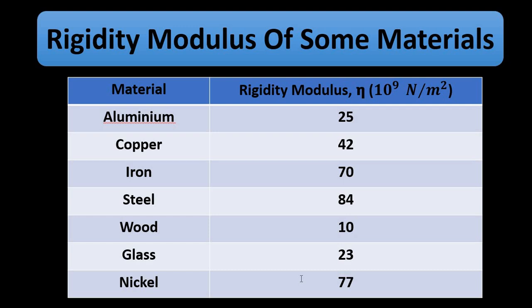Whenever you use a particular material, you have to be careful about the rigidity modulus, especially for a specific application or specified use. It will always be there in the specification sheet. Now, a proper combination of all the moduli of elasticity, that is Young's modulus, bulk modulus, and rigidity modulus, is required for any design purpose.